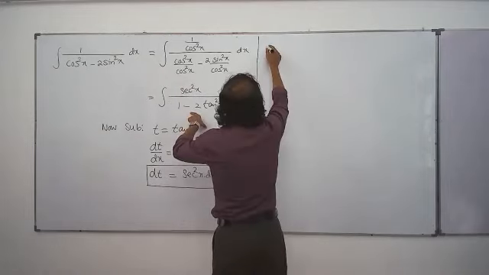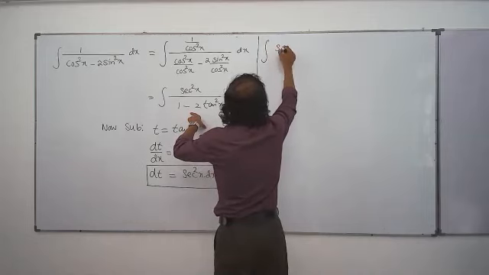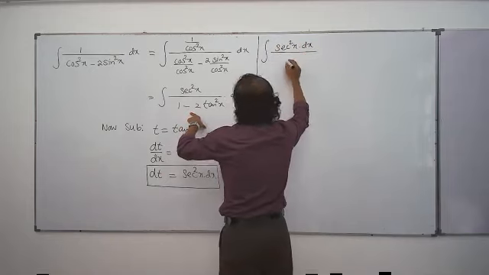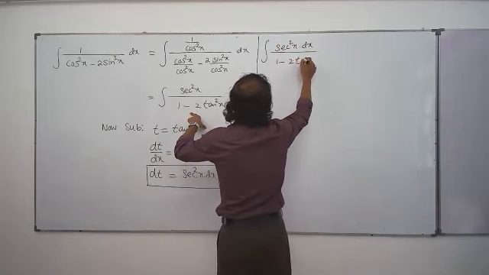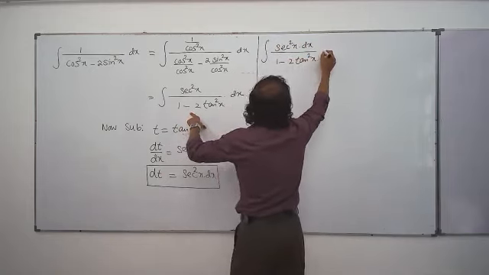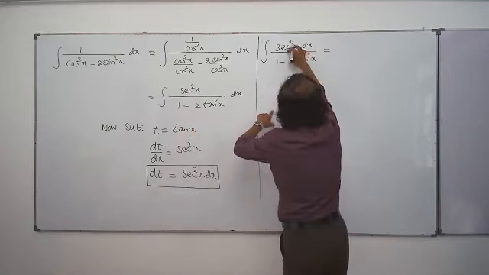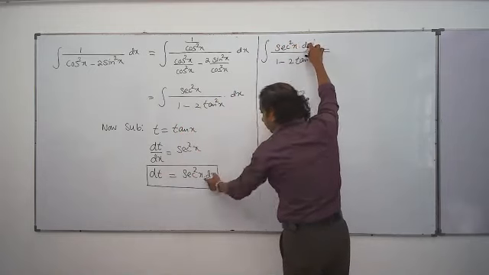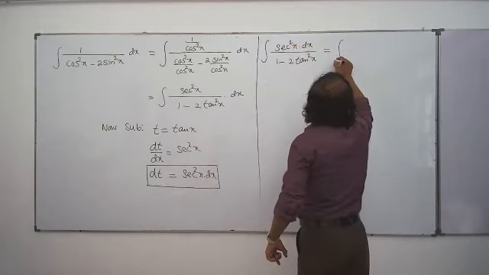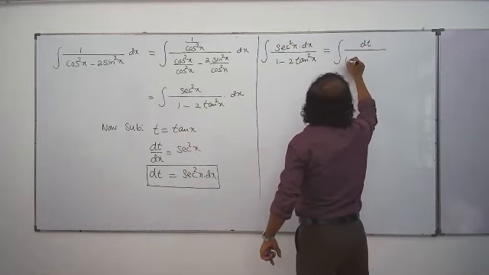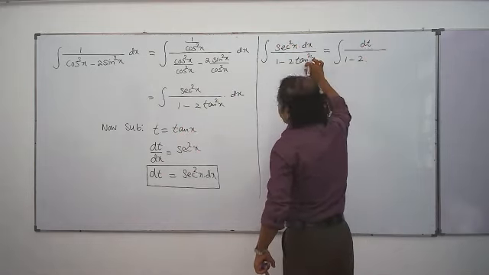Now this one we can write integral of sec squared x dx divided by 1 minus 2 tan squared x. Right now, this sec squared x dx is dt divided by 1 minus 2 tan squared x.